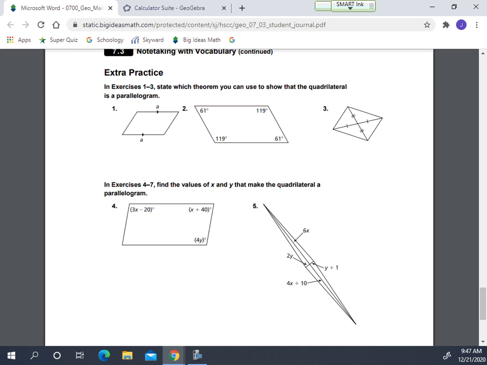Okay? How about number two? Opposite angles are congruent. Okay, opposite angles congruent theorem.